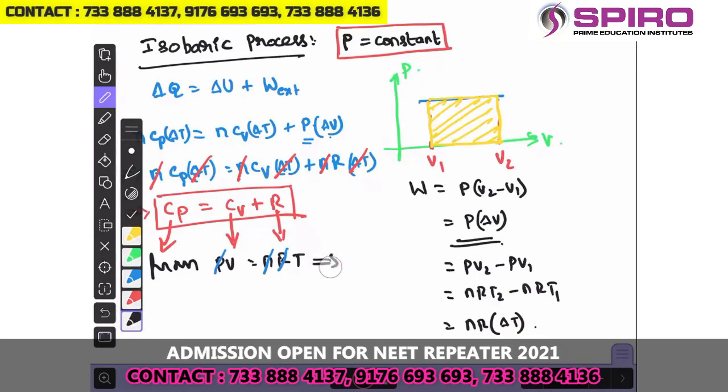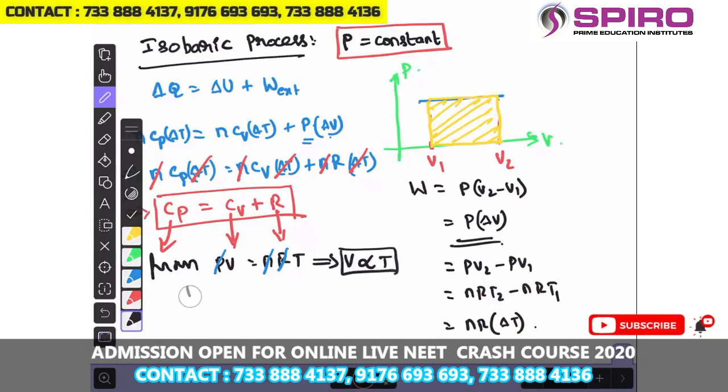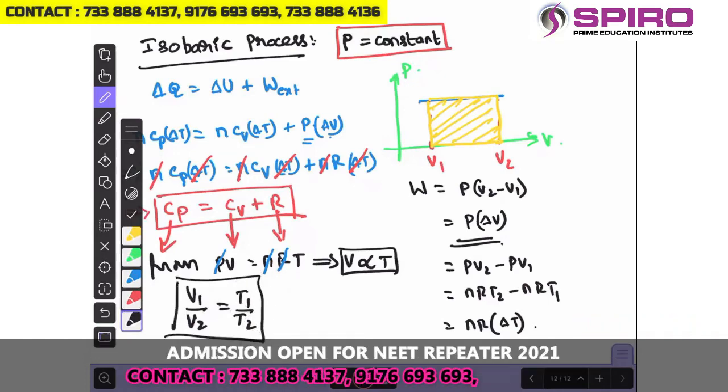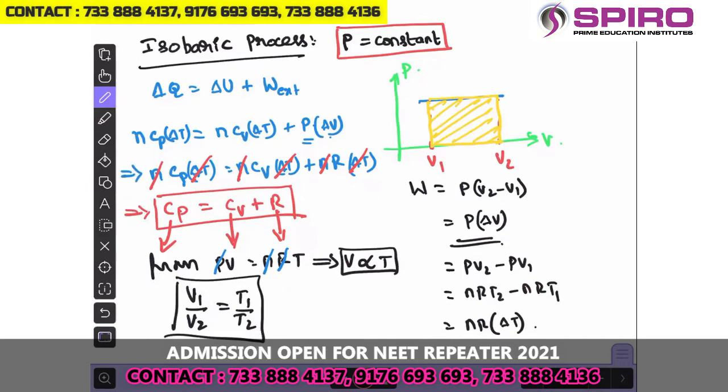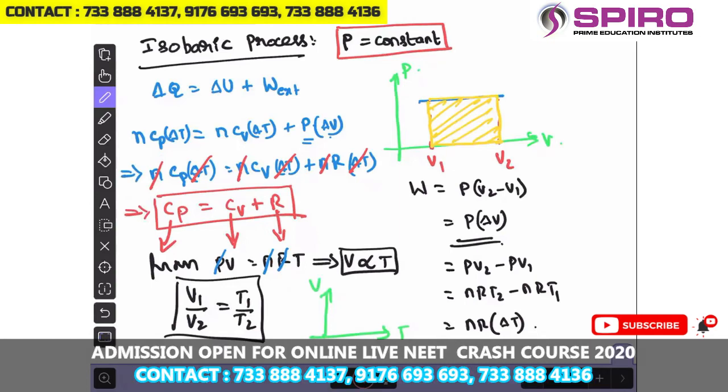This implies volume is directly proportional to temperature, right? That means V1 by V2 equal to T1 by T2. Okay. So if you draw a graph of volume versus temperature, if the temperature is in Kelvin scale, then the graph passes through the origin.